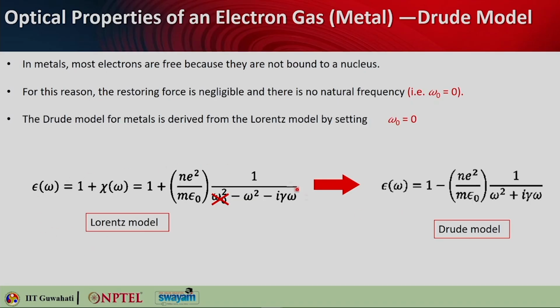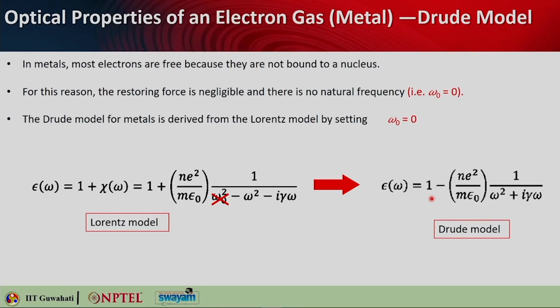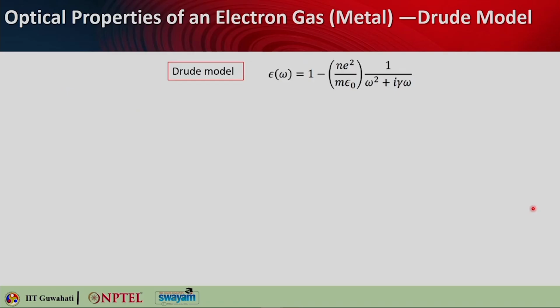The Lorentz model tells you the optical property of an electron in any material, and then if you apply the approximation that bound charges are not there in metal, the natural frequency omega naught becomes 0. So, you can write epsilon of omega equals 1 minus n e square over m epsilon naught times 1 over omega square plus i gamma omega.